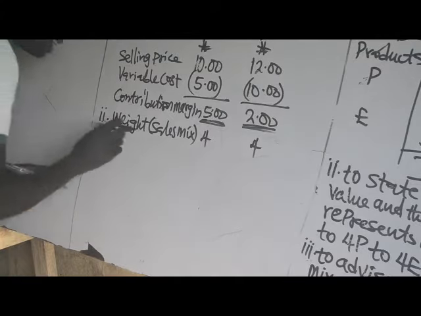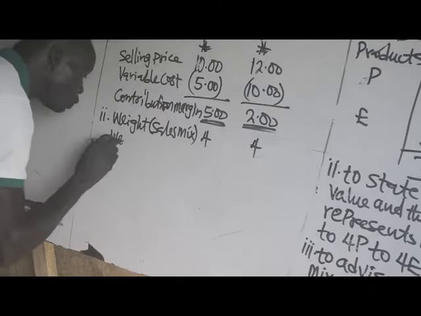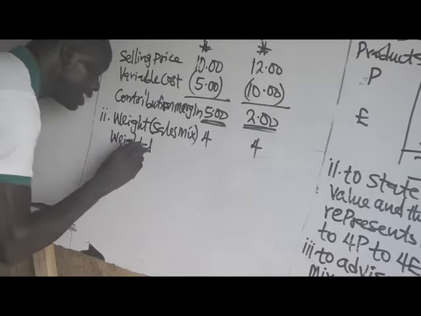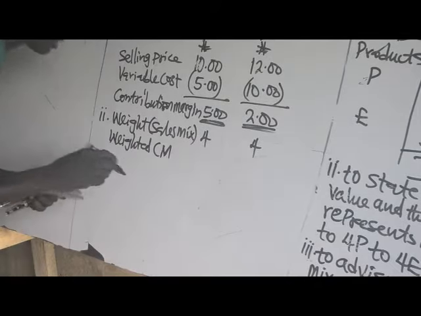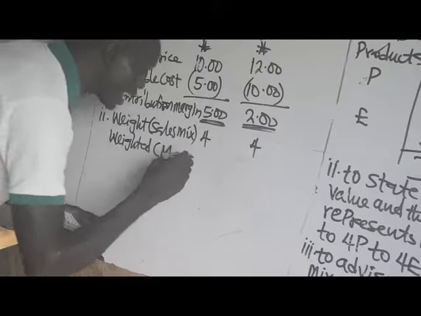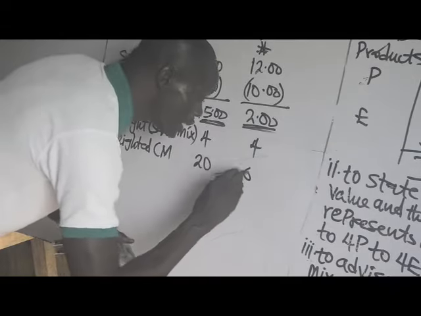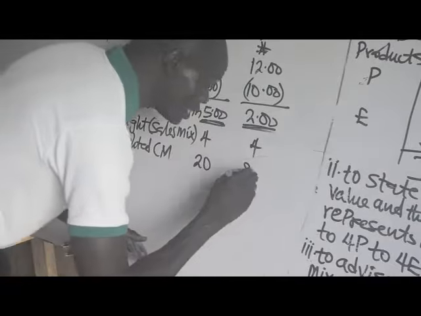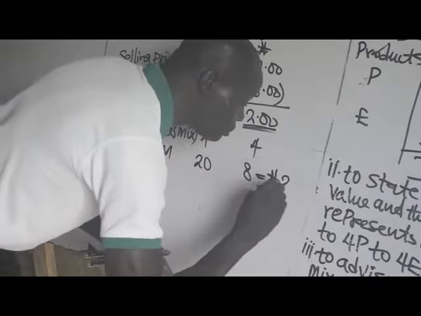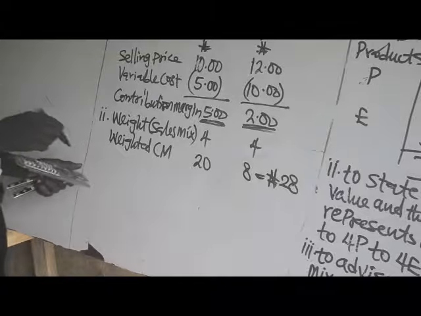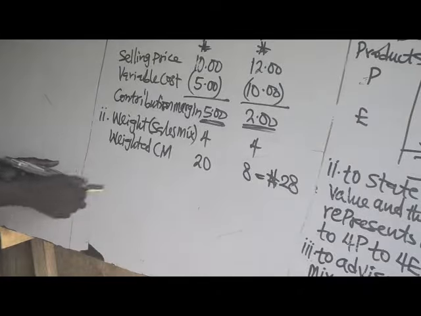Now, your weighted CM will be 5 times 4, that gives us 20. 2 times 4, that gives us 8. 20 plus 8, that gives us 28 naira. The weighted contribution margin is 28 naira.